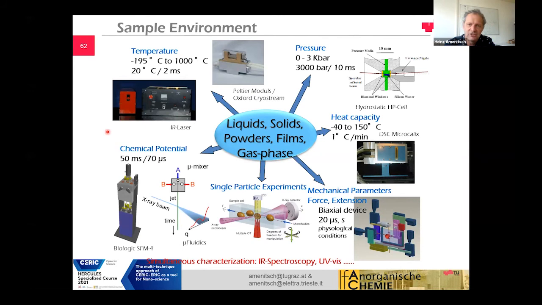You can easily change the temperature, apply pressure, put on mechanical force, do a single particle experiment, change the chemical potential. And what is also important, you can do not only static experiments, but also in situ experiments. You can really see how your sample looks at any moment of the reaction.